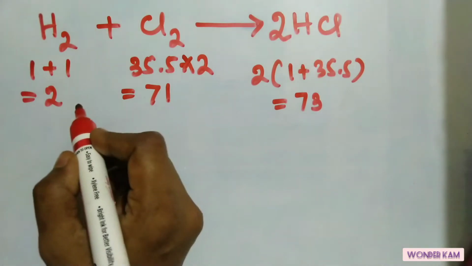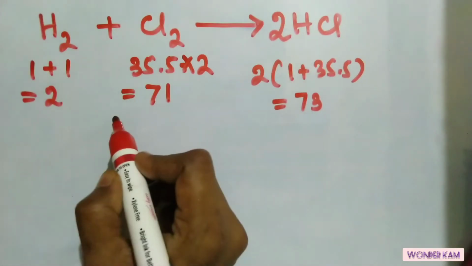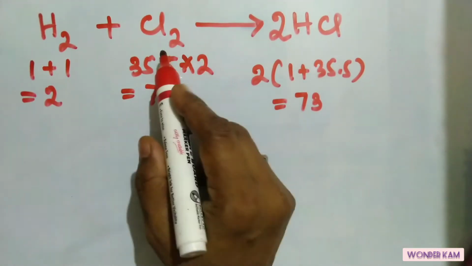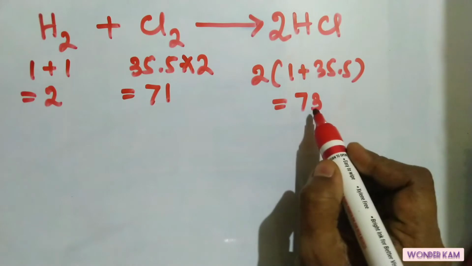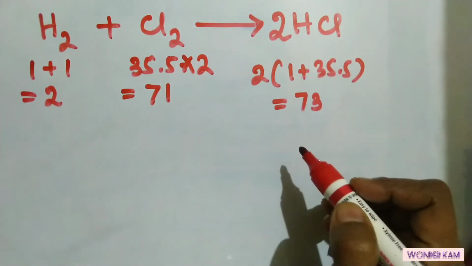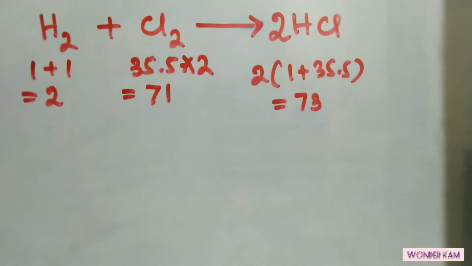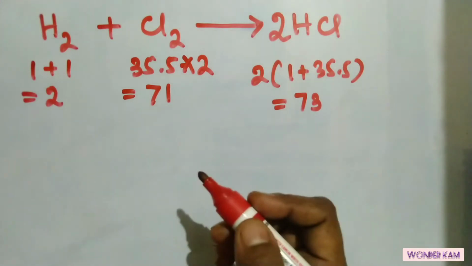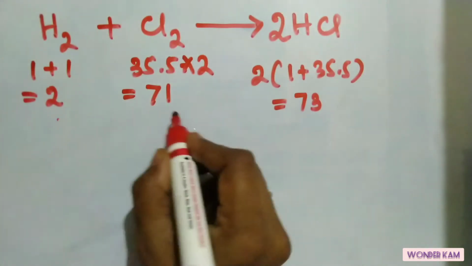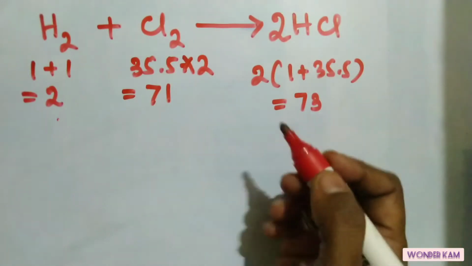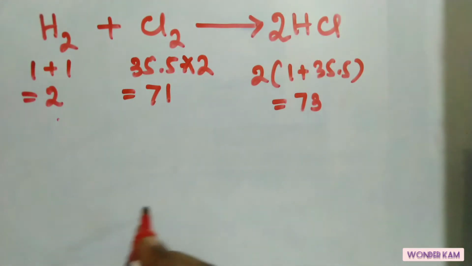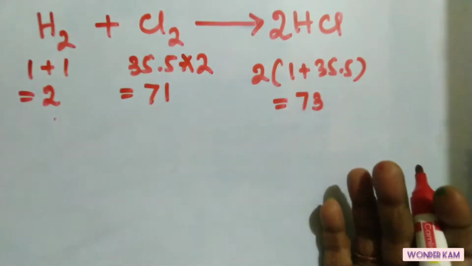So 2 parts by mass of hydrogen react with 71 parts by mass of chlorine to give 73 parts by mass of hydrogen chloride. One should remember that these numbers, 2, 71 or 73, in these equations are only proportions and not the actual masses of the reactants or the products.